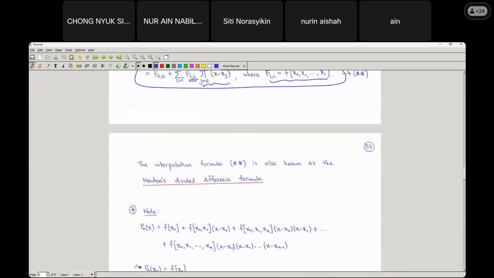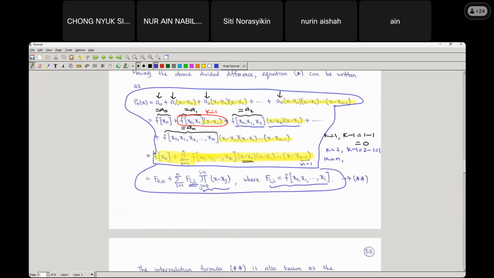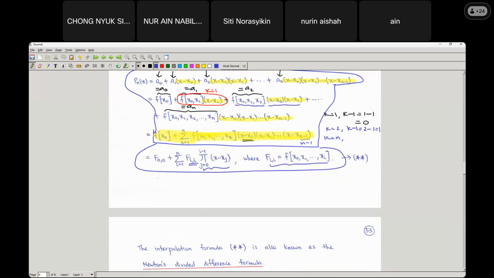Now, what is this formula called? You have to know that the name of this formula is Newton's divided difference formula. I use capital DD to represent divided difference.